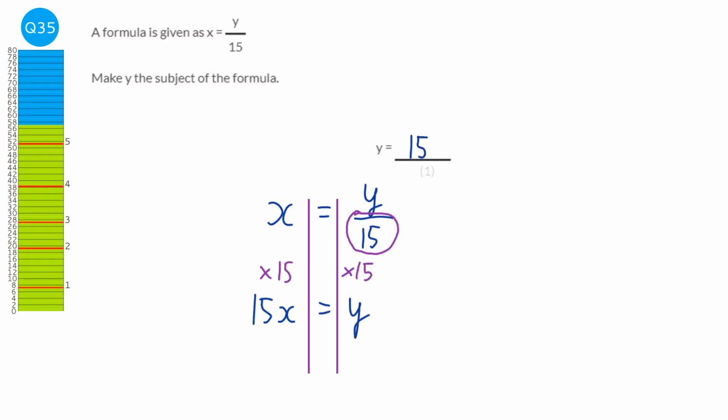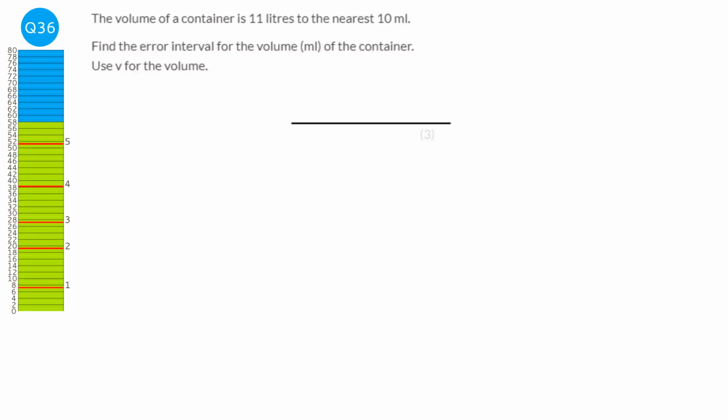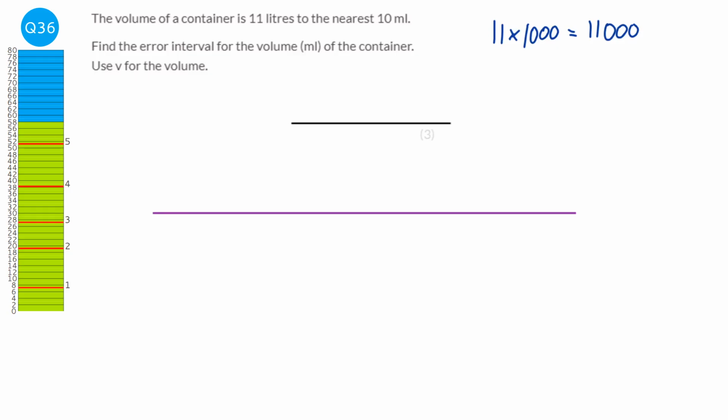So y is 15x. So we're going to first of all convert the 11 litres into millilitres. So we're going to do 11 times 1,000, which would be 11,000. Okay, so we're going to just draw a line, like a number line, and we're going to have the 11,000 in the middle.